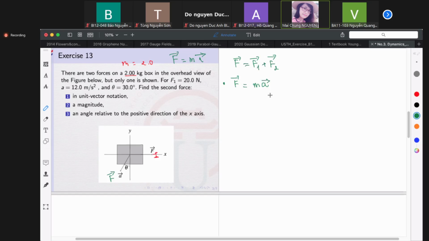How about the magnitude? The magnitude F equals m multiplied by a, equal to 12 multiplied by 2, so we have 24 Newton, right? Yes. Okay, so what is next?